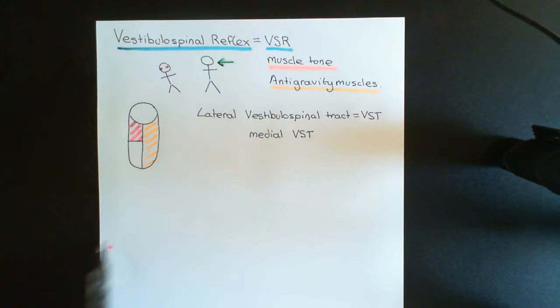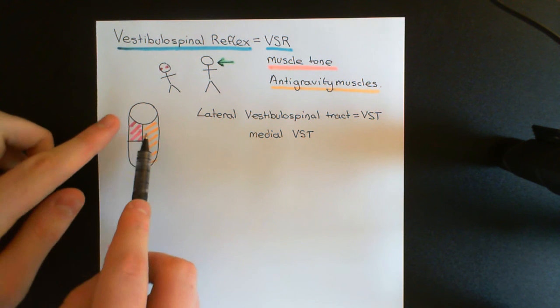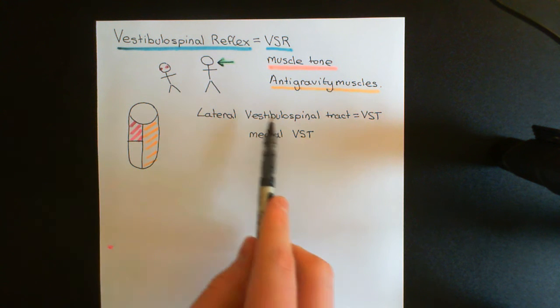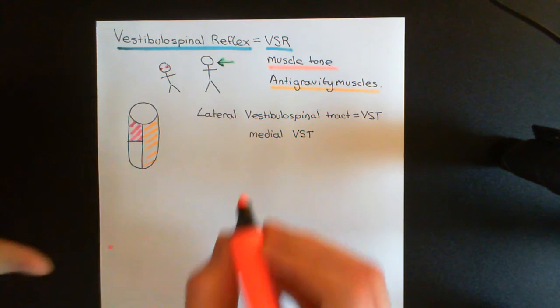So there's going to be these two descending tracts that are going to carry axons from the second-order neurons that are in these nuclei down into the spinal cord, so vestibulospinal, from the vestibular system to the spinal cord. Okay, and there they'll be able to influence the activity of alpha motor neurons innervating skeletal muscles of an anti-gravity nature.